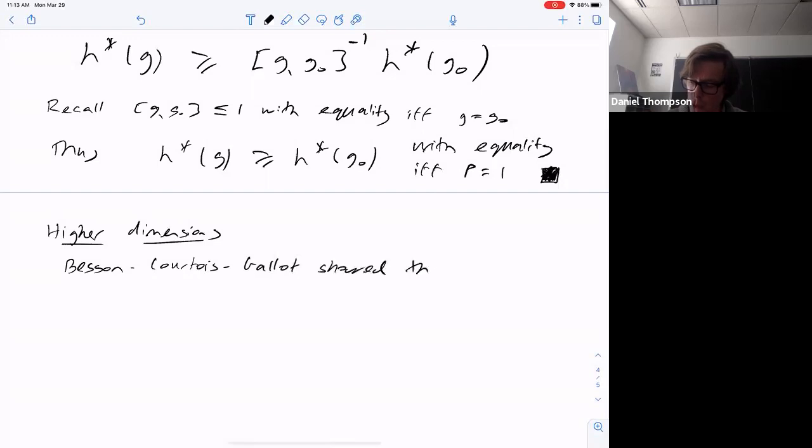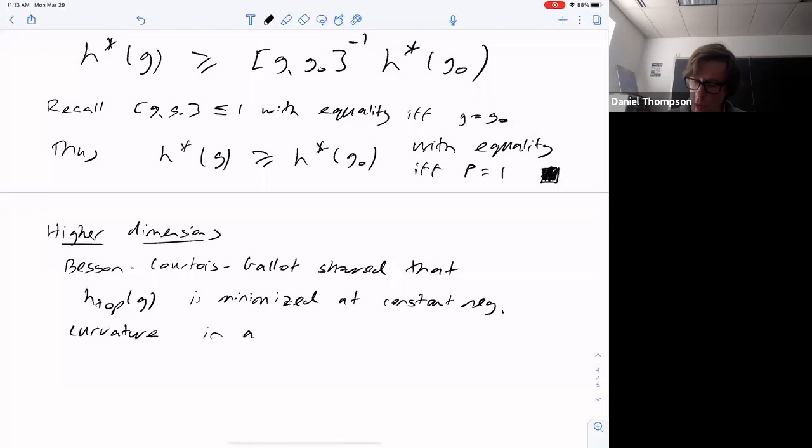I hope that's spelled correctly. They showed that H top G is minimized at constant negative curvature in all dimensions.